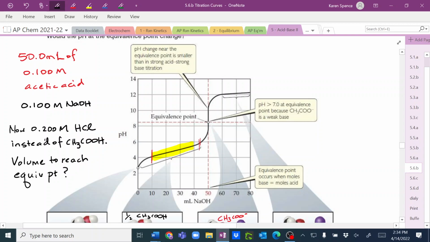What's going to happen? Oh, I'm sorry. That should say 0.1. I'm changing two things. That's no good. 0.100 molar HCl. My apologies.